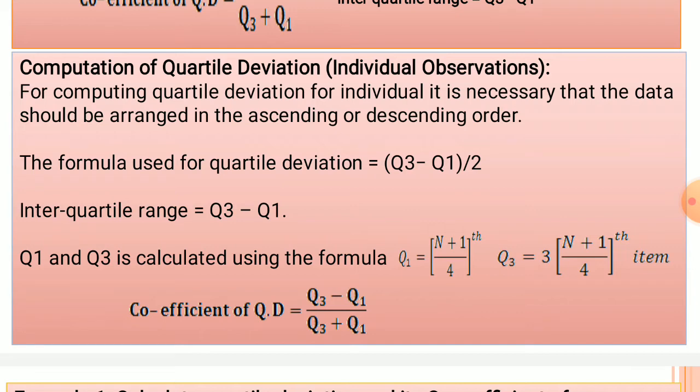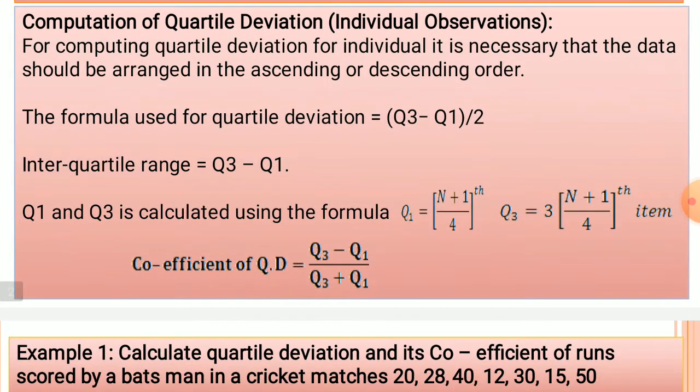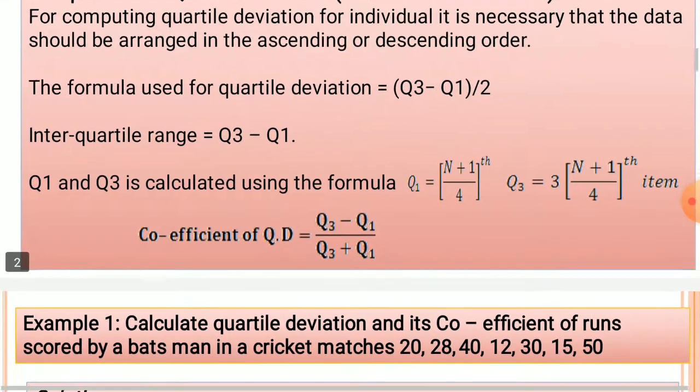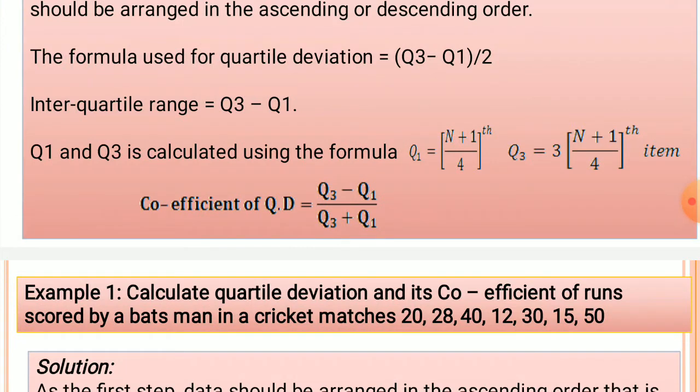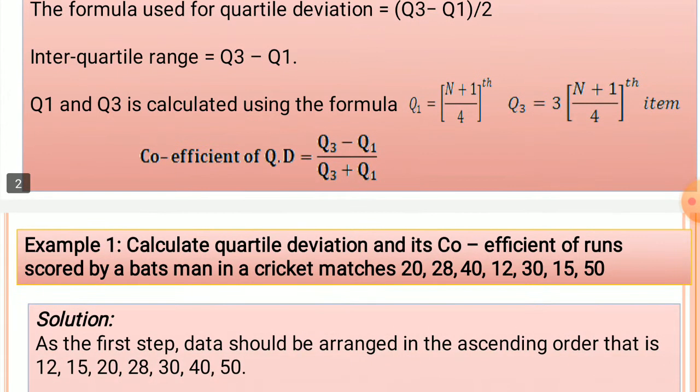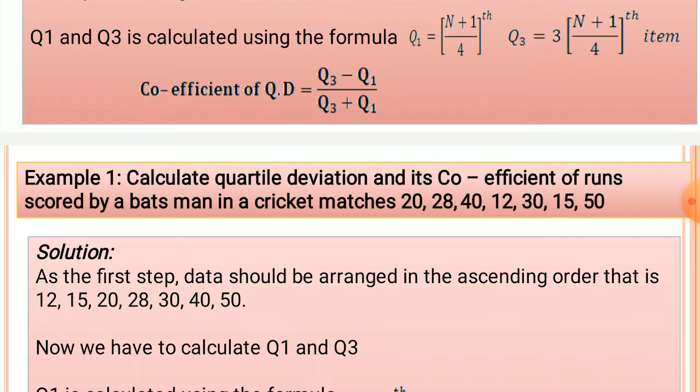Interquartile range is Q3 minus Q1, and the coefficient of quartile deviation is Q3 minus Q1 by Q3 plus Q1. Q1 is equal to (n plus 1) by 4th item, and Q3 is equal to 3 into (n plus 1) by 4th item.